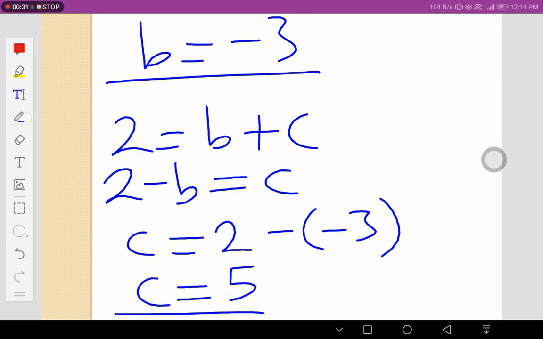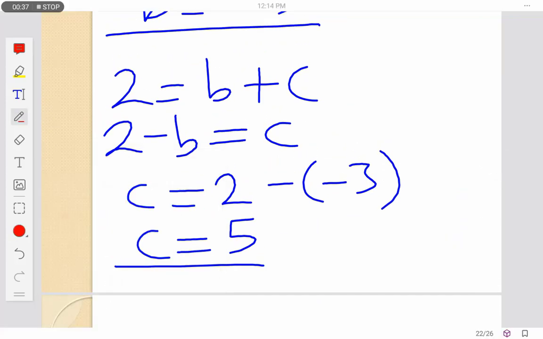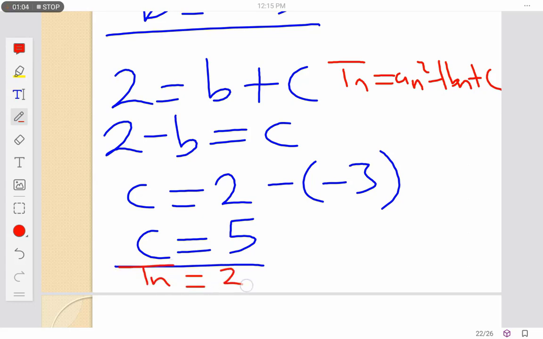Once we have this, we can go to our quadratic equation, Tn is equal to an squared plus bn plus c. We have all the values now. So the general term at the end of the day is Tn is equal to 2n squared minus 3n plus 5. That's how we do this.